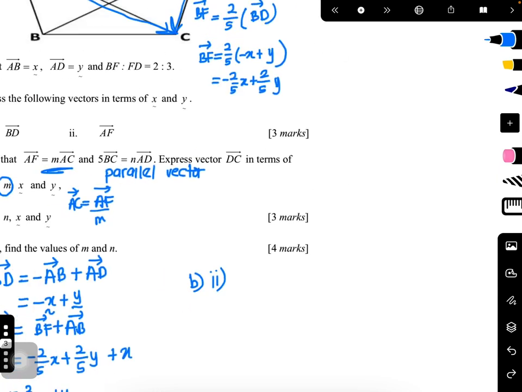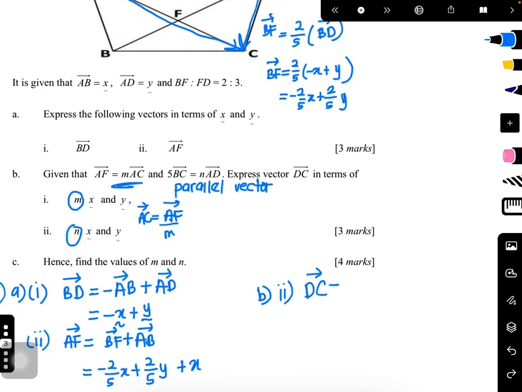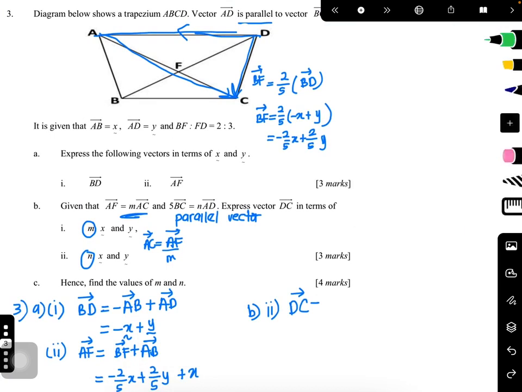B2 also requires us to find DC. But we need to use n. So where is DC? I need to use another color, I think. DC is still here, but we need to use the other way to get to C from D. It is AD, and then AB and BC.